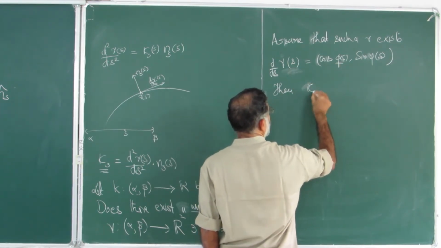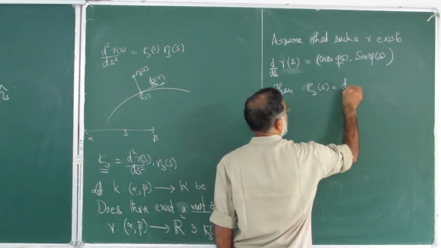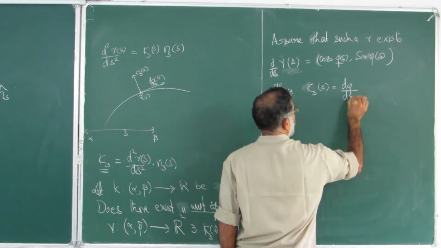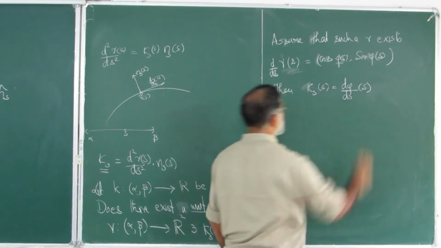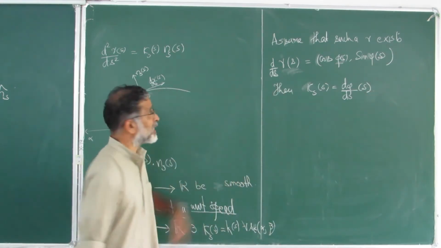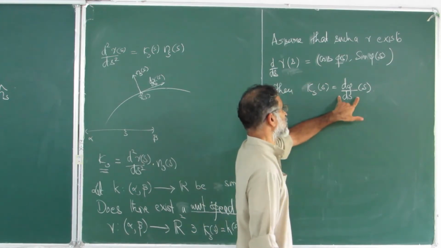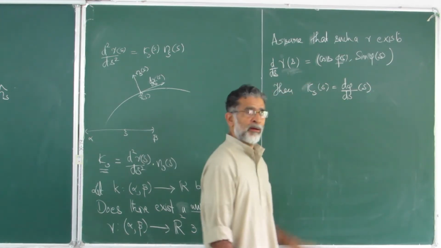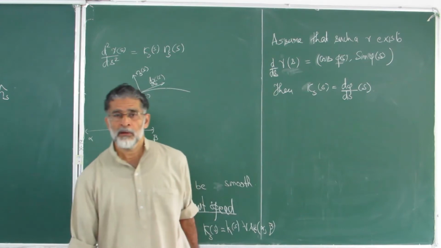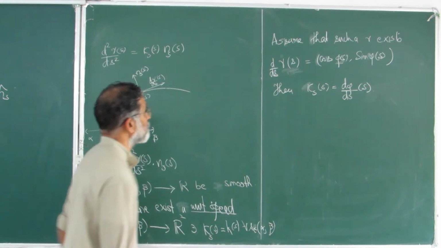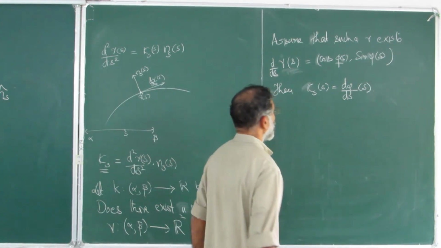Now if this is true, then we have seen earlier that for this curve, kappa(s) is equal to d phi by ds. In case there is one such gamma, this must be the signed curvature.